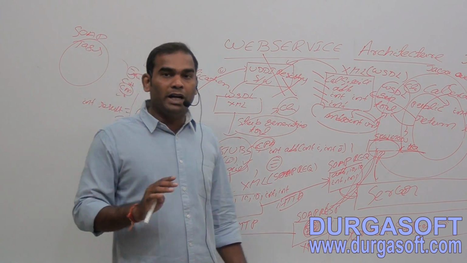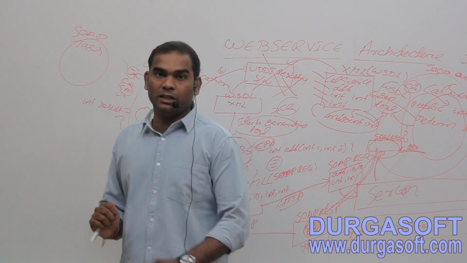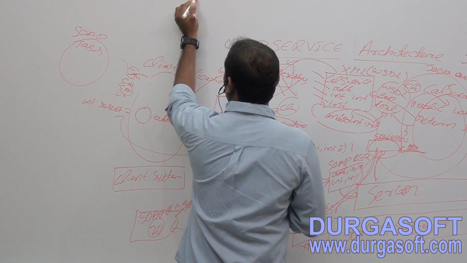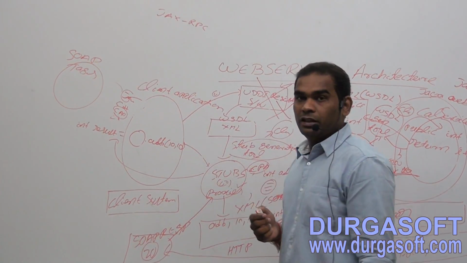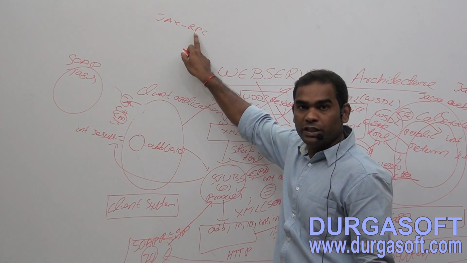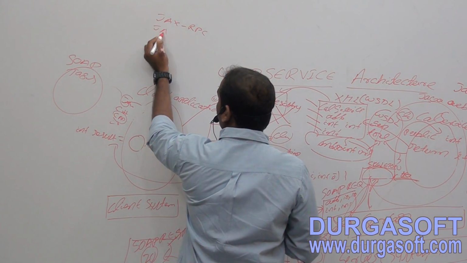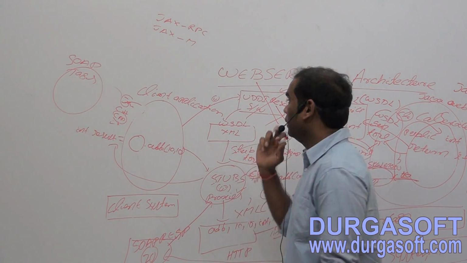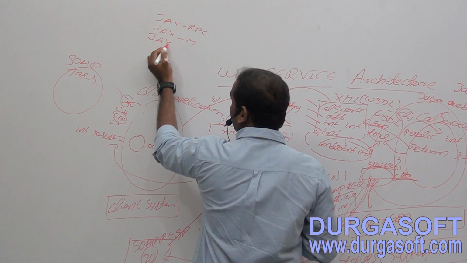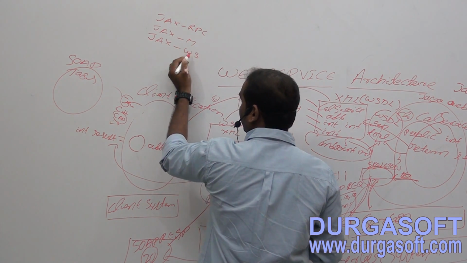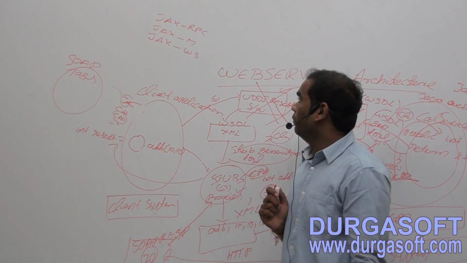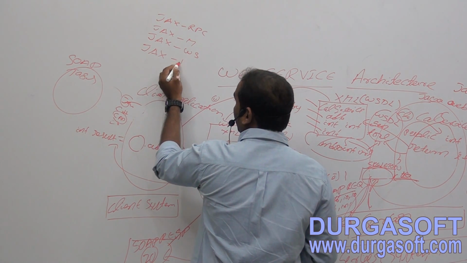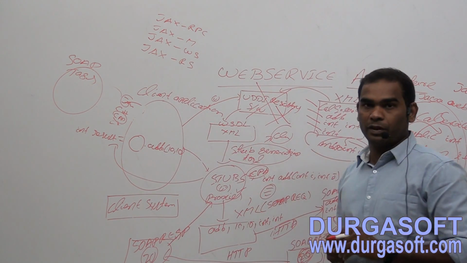So Sun has provided four Java Web Service APIs here. One is JAX-RPC, Java API for remote procedure call, the next one is JAX-M, Java API for XML messaging, the next one is JAX-WS, Java API for web services, and the last one is JAX-RS.